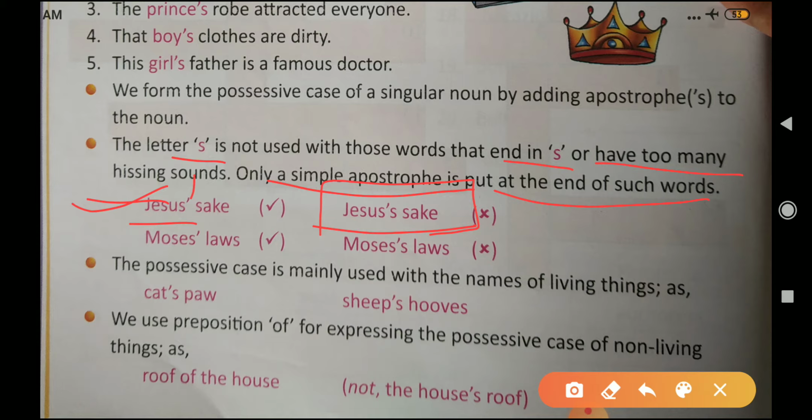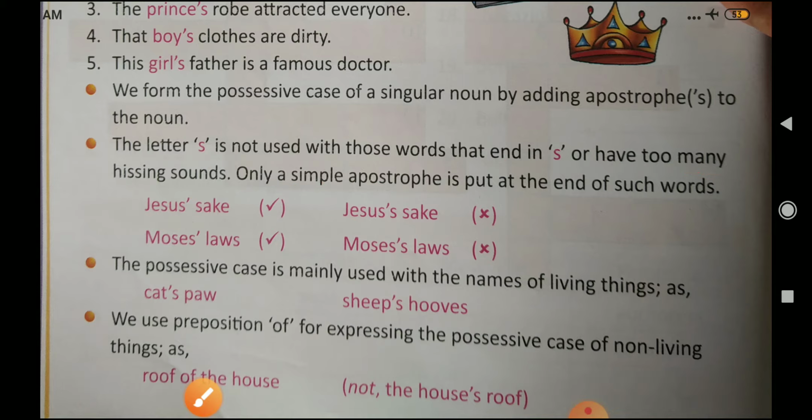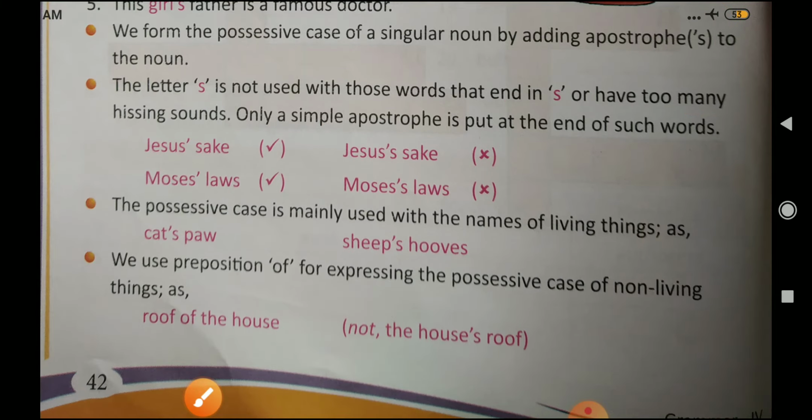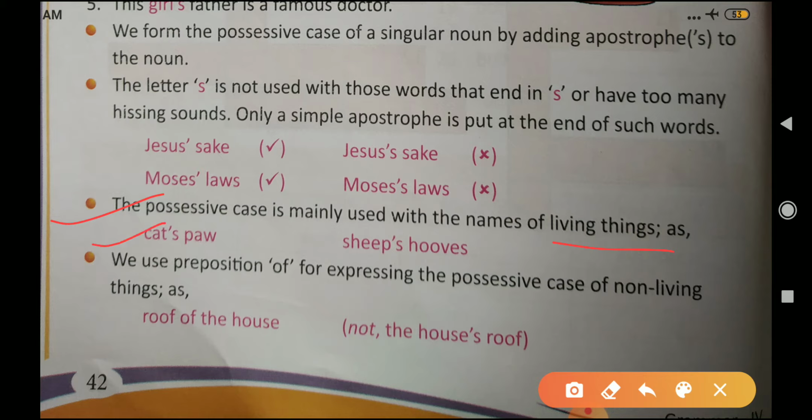Now, the possessive case is mainly used with the names of living things. Beta, possessive case is mainly used for living things, as cat's paw, sheep's hoof. Now, we use the preposition of for expressing the possessive case of non-living things.